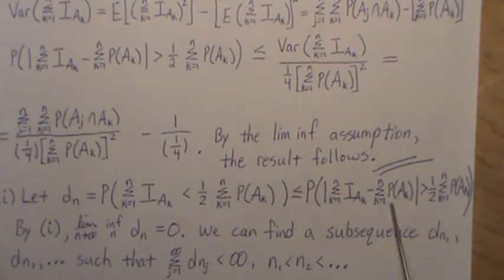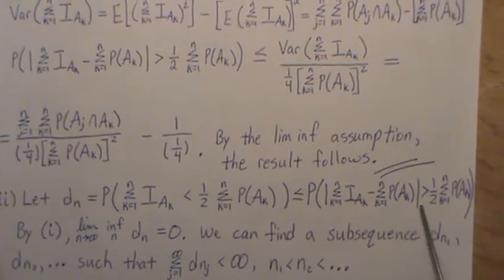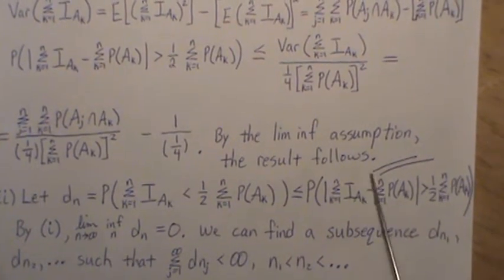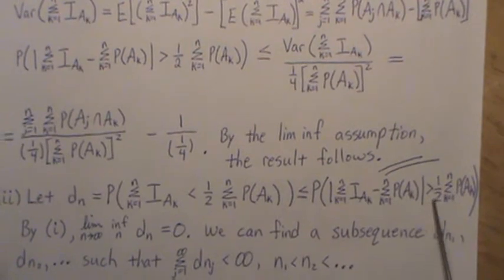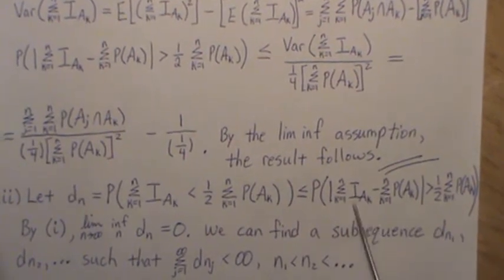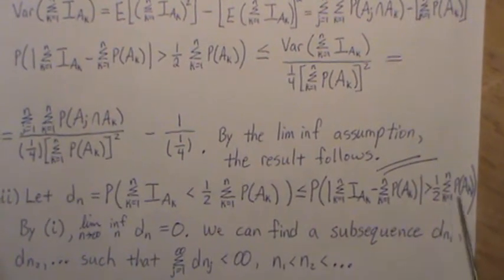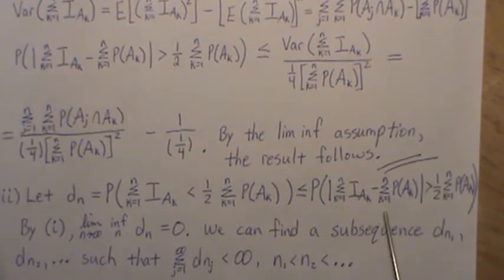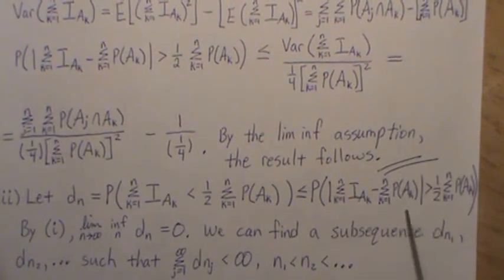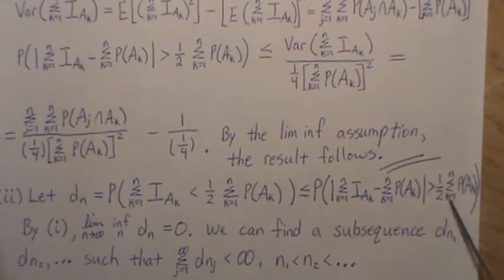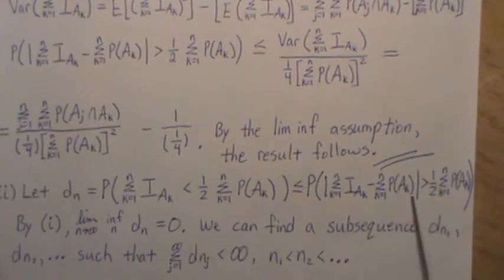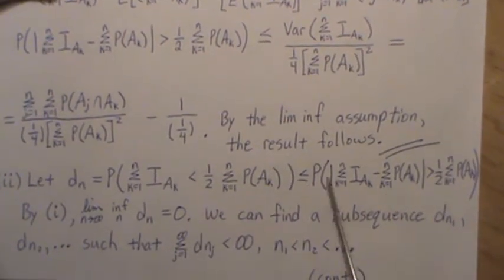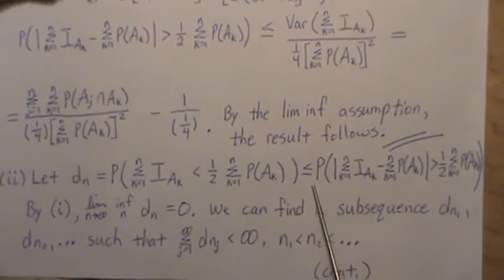When you take the absolute value of something being greater than or equal to this quantity, this in here can be greater than this quantity, or the negative of it can be less than that quantity. This piece here is just one of those components, and then we're adding in the other. So we have twice the space here as we do here, so this has to have a larger probability.